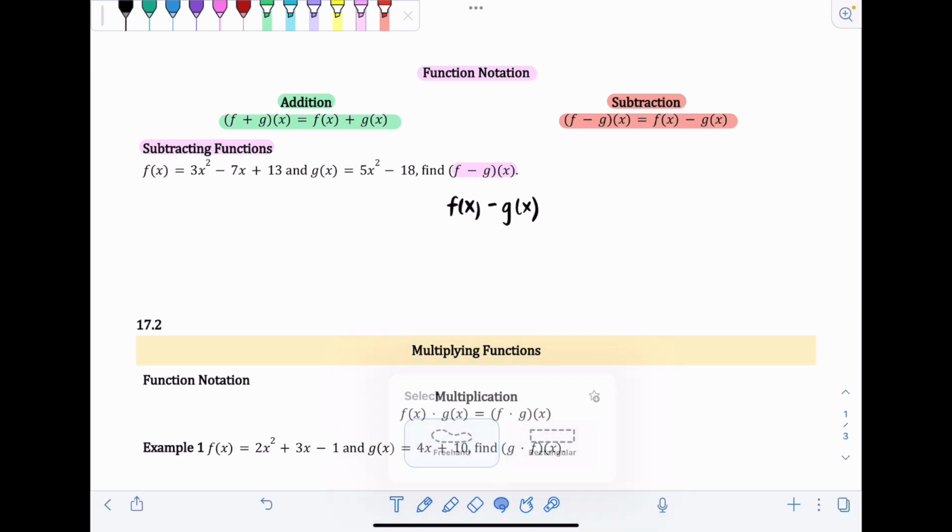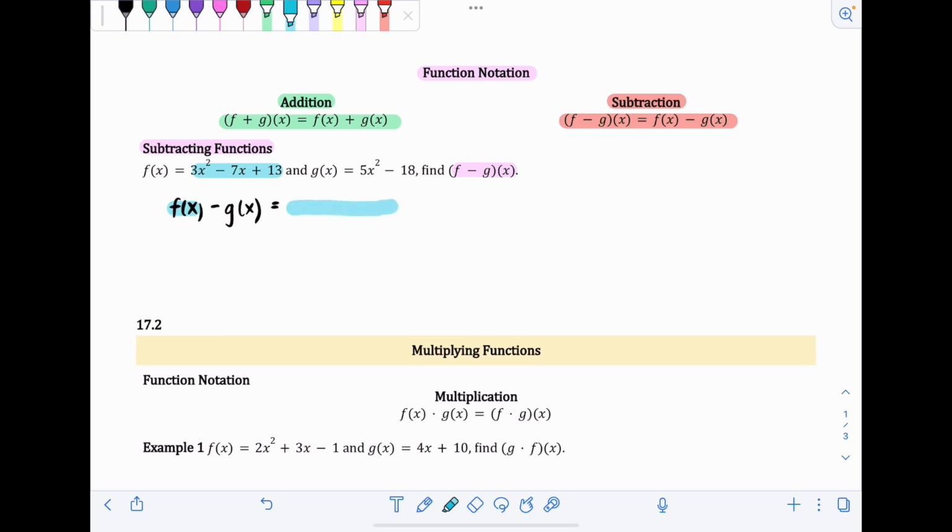I'm just going to drag this over really quick so I can set it up as my reference. f of x is going to go first, and f of x is 3x squared minus 7x plus 13. And then from there, we're subtracting g of x.